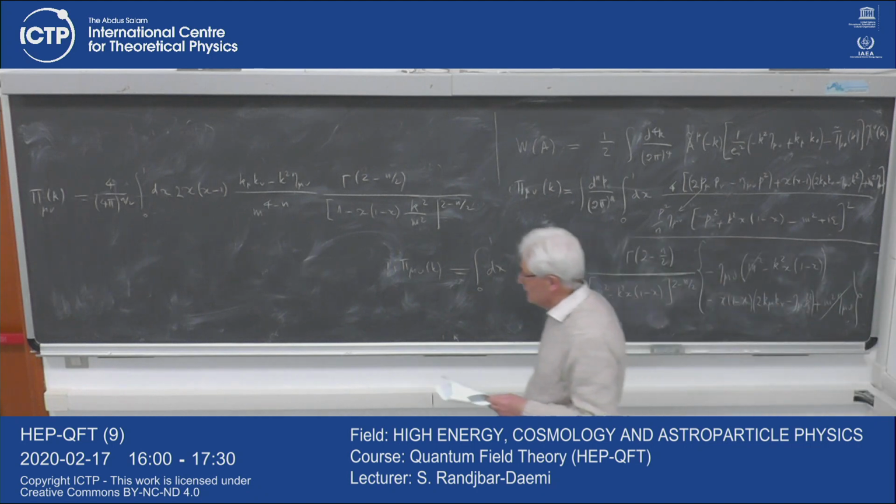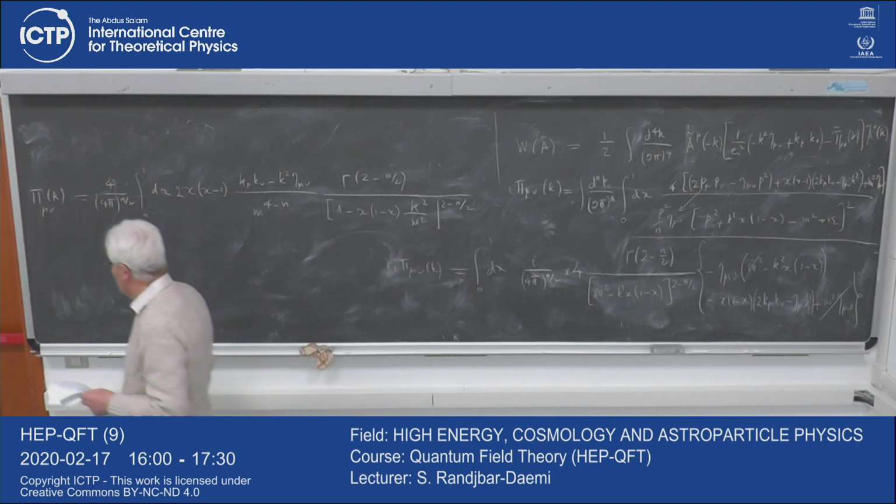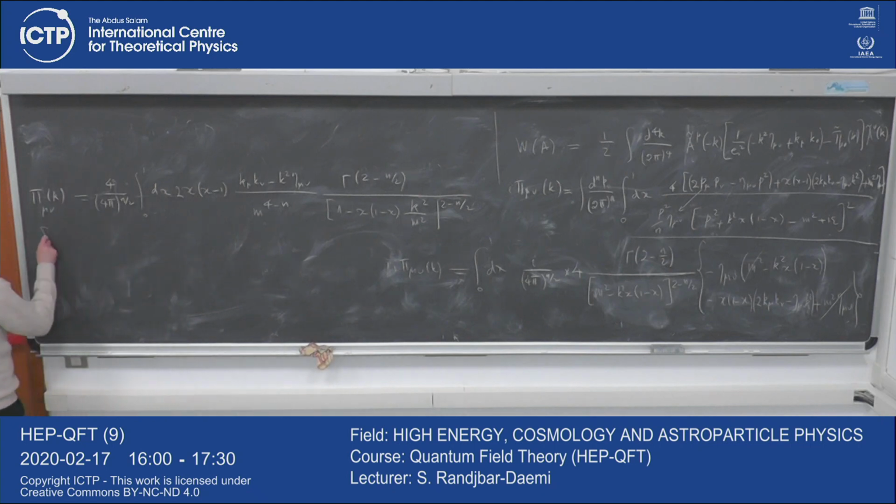Okay, now the rest is what we did before, namely define delta, which is 4 minus n, and study the limit of n going to 4 or delta going to 0. And then use the expansion for gamma functions.